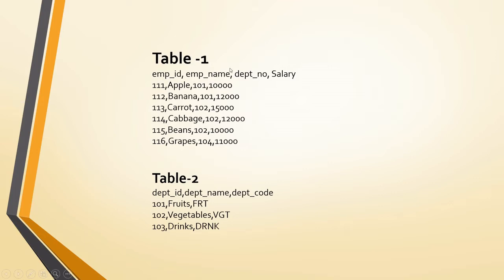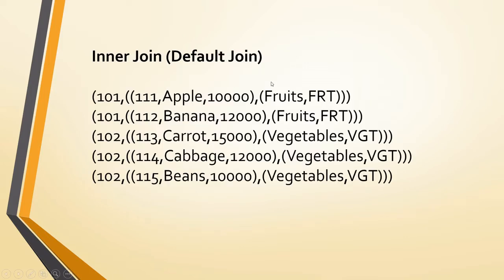So here department number is the key. Here 101, 102 and 104 are there, but here 101, 102 and 103 are there. So when we perform inner join on the RDD, it should return the records with 101 and 102 department numbers only. So it will be something like this. And inner join is the default join in RDDs. If you just give a join, then by default it will consider that as inner join.